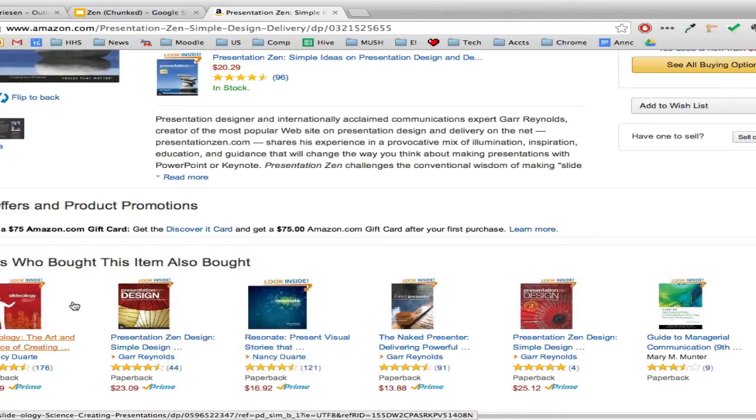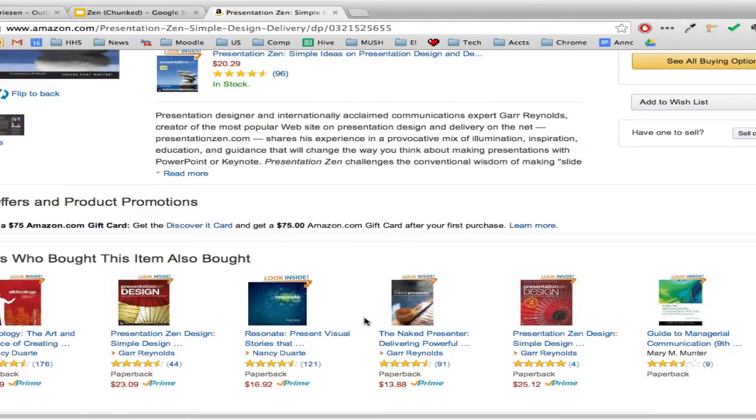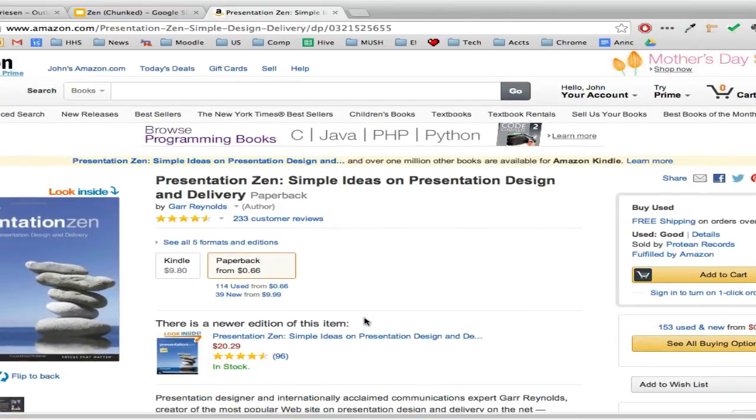And there's several others like Slideology and Resonate and The Naked Presenter that show you all sorts of these techniques. So if you get into this, I just wanted to give you a thread that you could follow through. So once again, Presentation Zen by Garr Reynolds, and some of my ideas are pulled right out of Garr Reynolds' ideas, and I want to give some credit where credit is due.